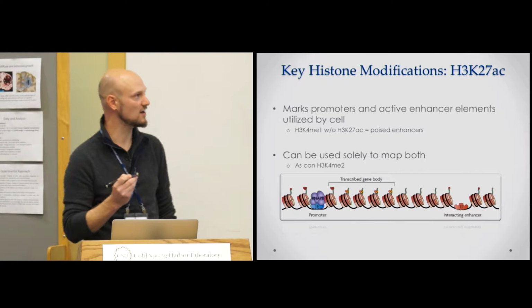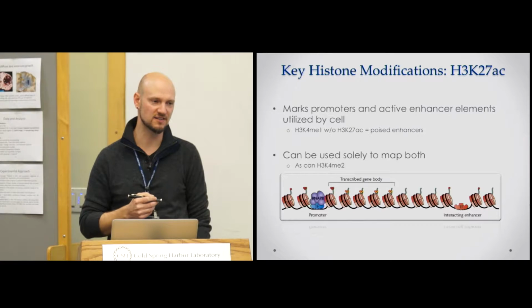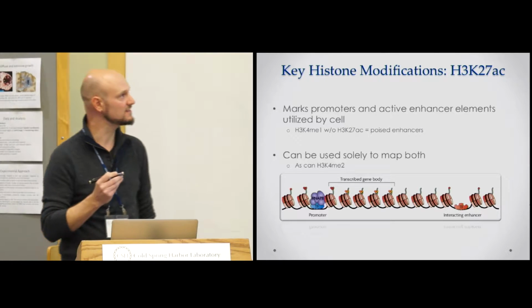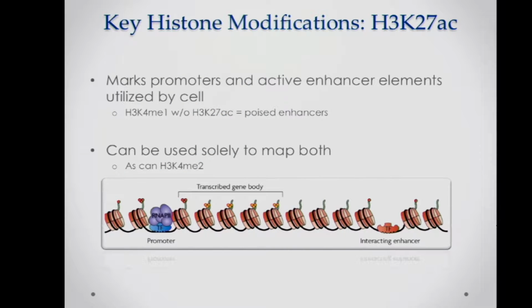And here's where we come to this idea that maybe not all of the enhancers marked by H3K4 monomethylation are active. The field has defined active promoters as having the acetylation site, that you need to have acetylated those histones to stabilize that chromatin structure. And so when the monomethylation lacks the histone acetylation, this has been suggested to be a poised enhancer. I think an easy way to think about this is in the context of development, where maybe you want to mark an enhancer that's going to help turn a gene on as soon as you receive a signal.